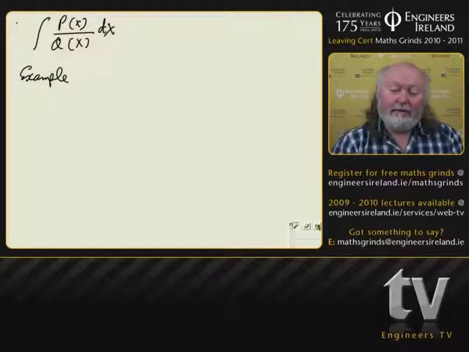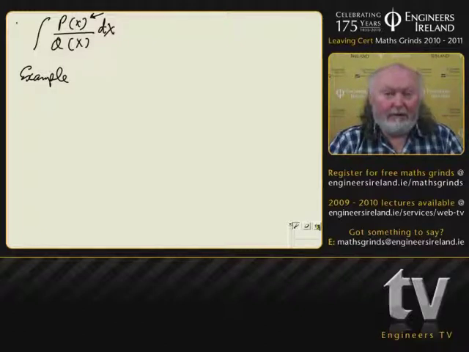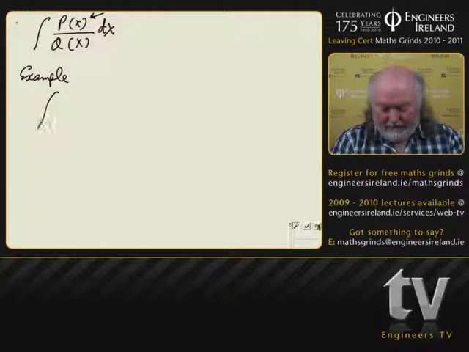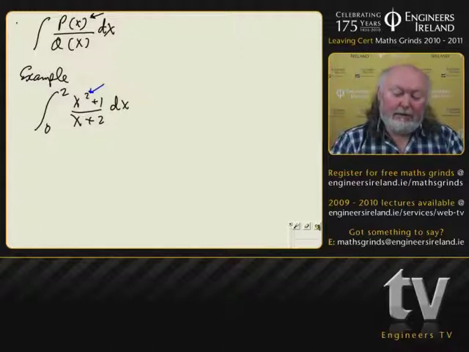If the power here is the same, if the biggest power of x is the same there as in the function below the line, if it's the same or if it's bigger than the one below the line, we will do a division. So what we're saying, and we'll show you by example, 0 to 2, that power, the biggest x power on the top, is bigger than the biggest x power underneath.